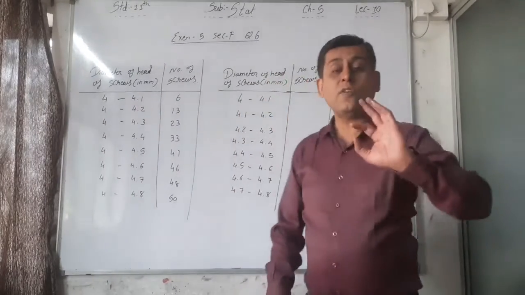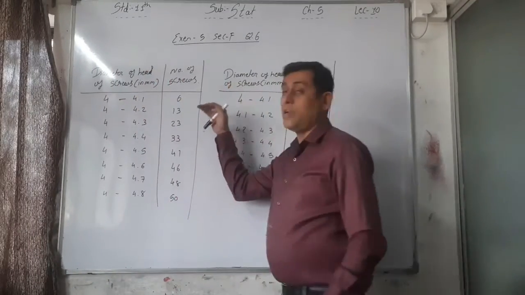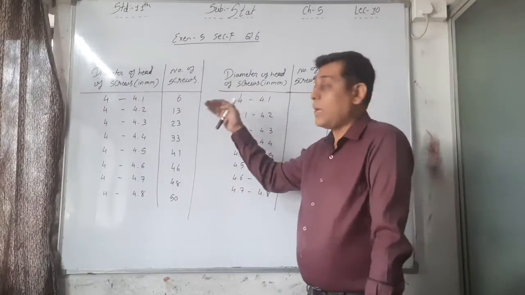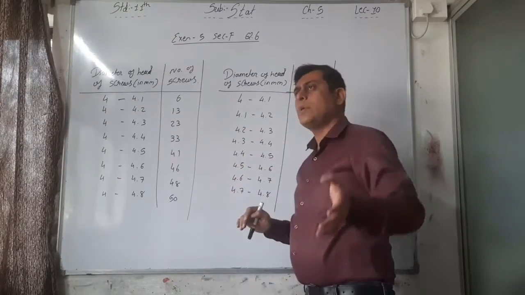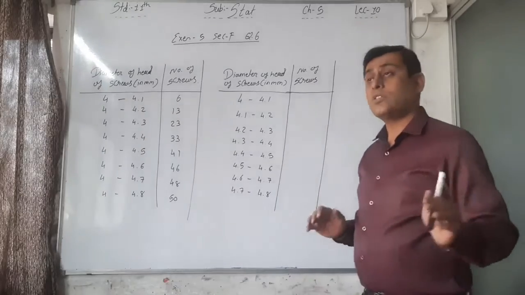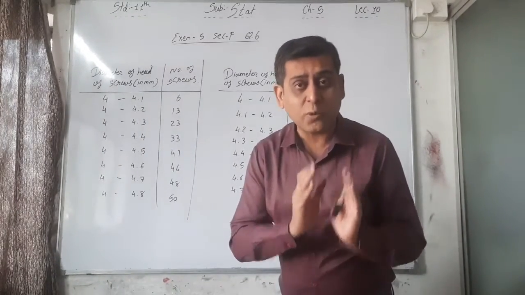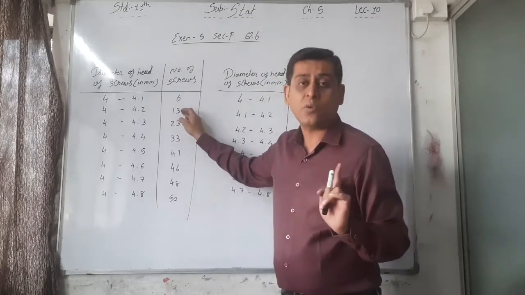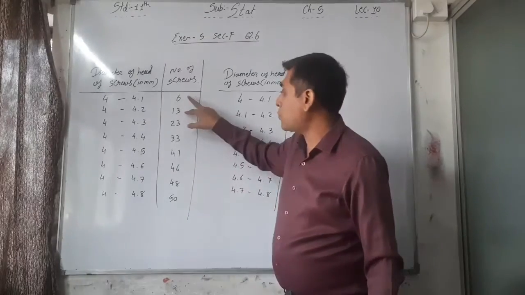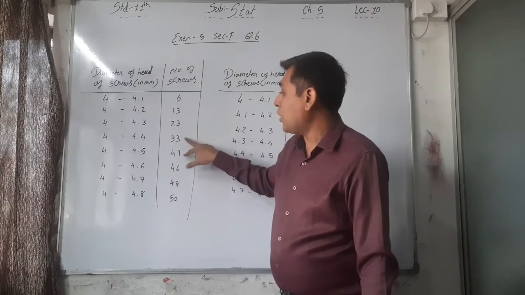If I told you less than, you subtract second minus first, and for more than, first minus second. But don't remember that, just remember that the frequency is always positive. If you subtract 6 minus 13, the answer is negative, so you have to subtract 13 minus 6, 23 minus 13, 33 minus 23.